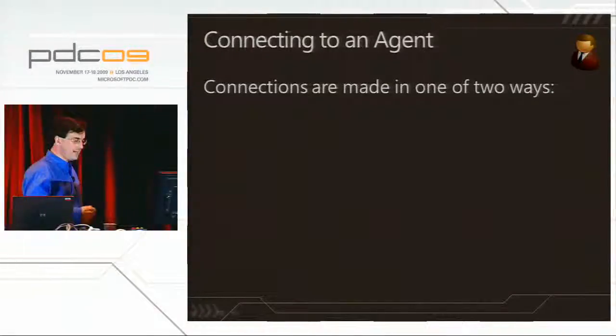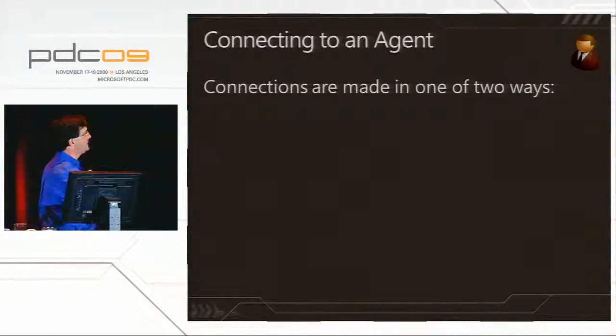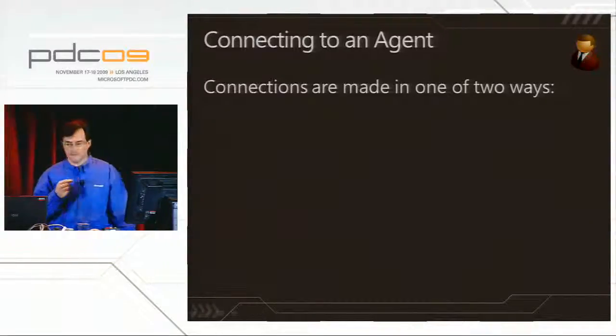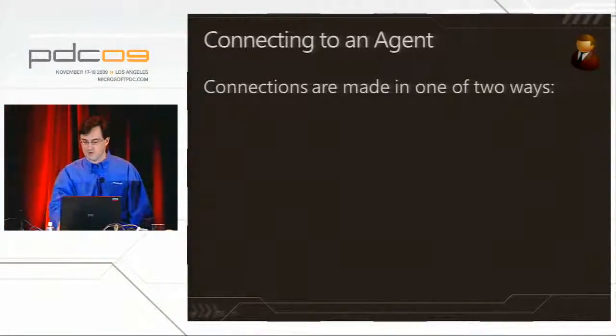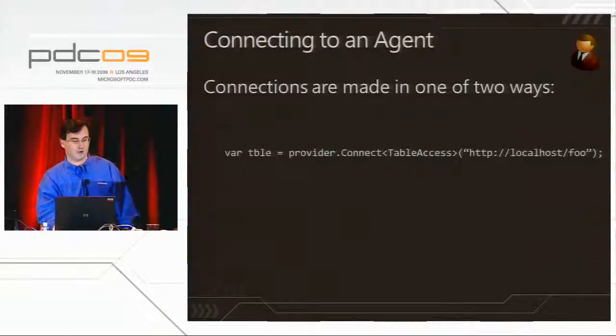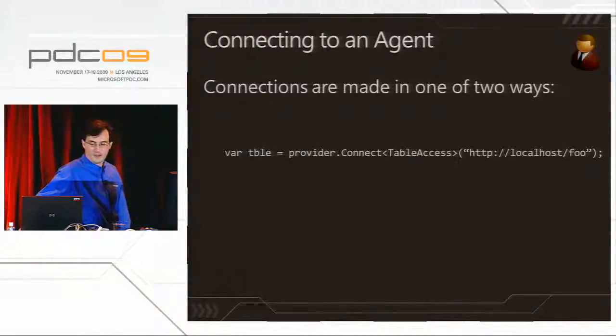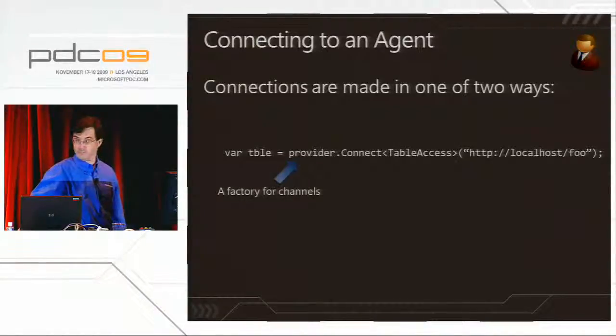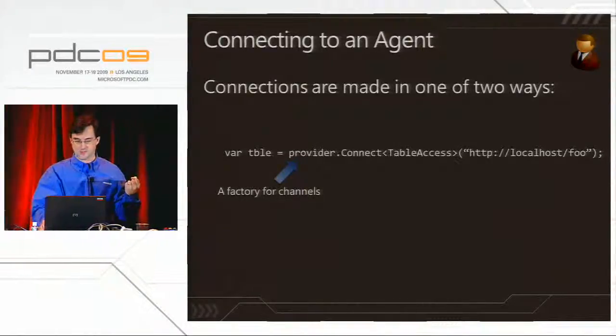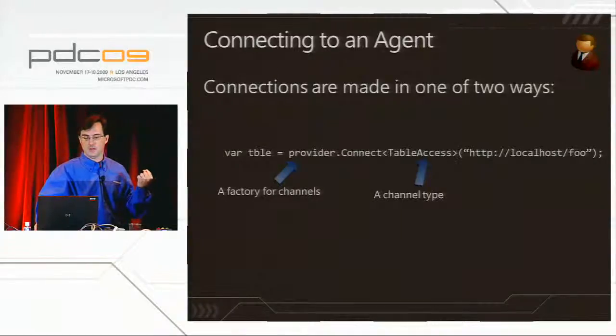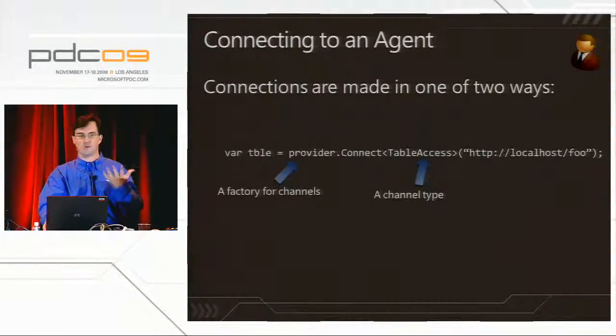Connecting to an agent can be done in one of two ways for each occurrence, of course. There's a loosely coupled way where I rely on a factory called a communication provider. And this factory creates channel endpoints.